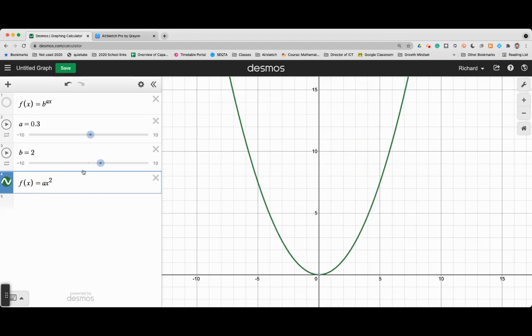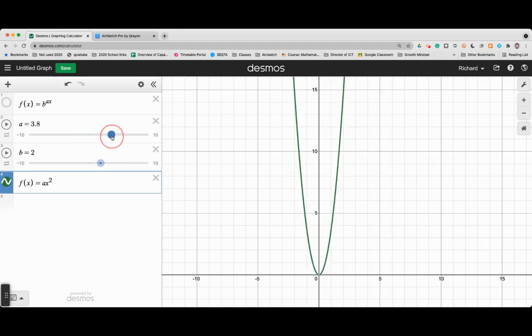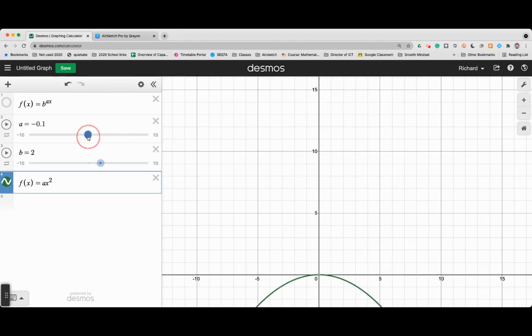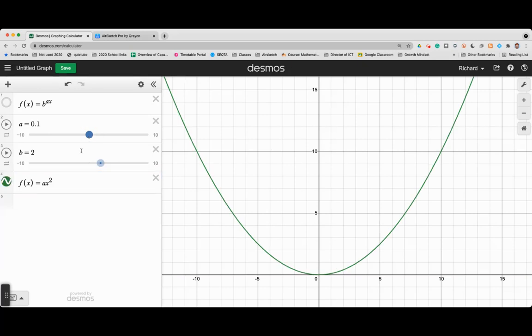So if I put a here, you can see it really well with the parabola. It's harder to see with an exponential, but can you see what happens? It's shrinking towards the y-axis. It's getting fatter when it's a fraction.